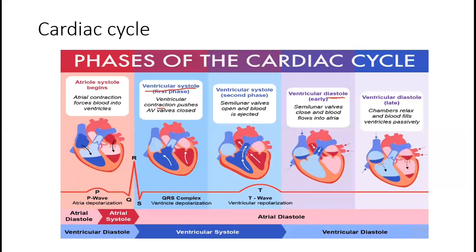Diastole, as I told you, what is the meaning of diastole? Meaning of diastole is relaxation of the chamber. So these chambers get relaxed again. How do they relax? Again by the entry of blood from the atrium to the ventricle. This is actually known as joint diastole.